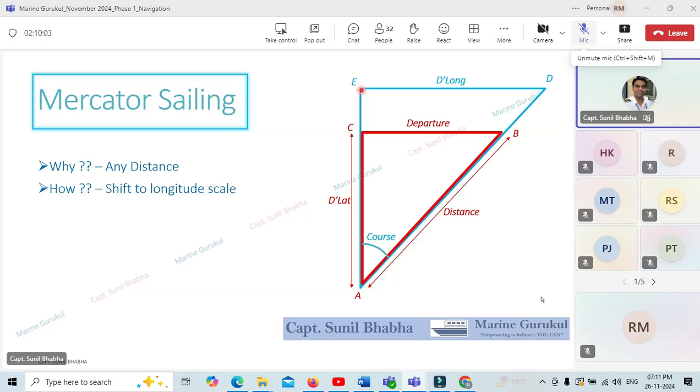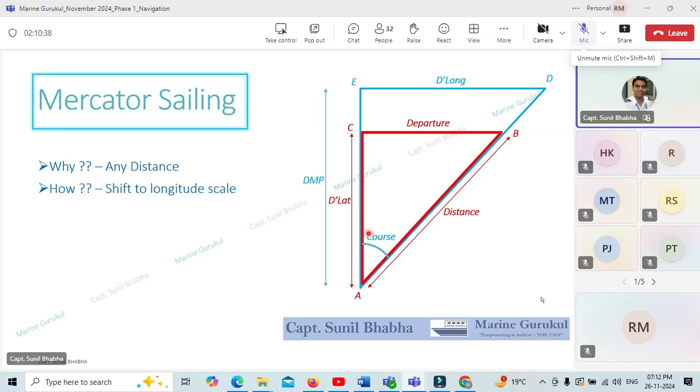Now, since we are using the longitude scale, when we measure this distance Echo to Delta on the longitude scale, it gives us the DLong between our initial and final positions. When we measure the vertical side, that is Alpha to Echo, on the longitude scale, this gives us what we call DMP, difference of meridional parts. If the side was measured on the latitude scale, it gave us the DLAT.